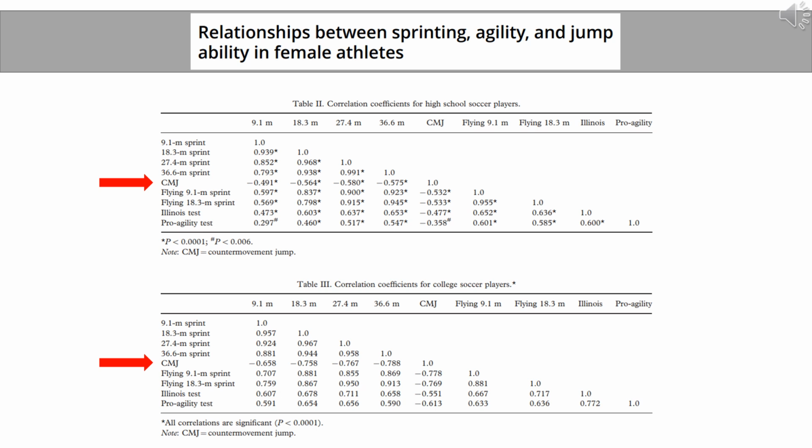So in that top table there, we can see that the R values range from minus 0.491 all the way up to minus 0.58. And for college players, those correlations are a little bit larger, ranging from minus 0.658 all the way up to minus 0.788.